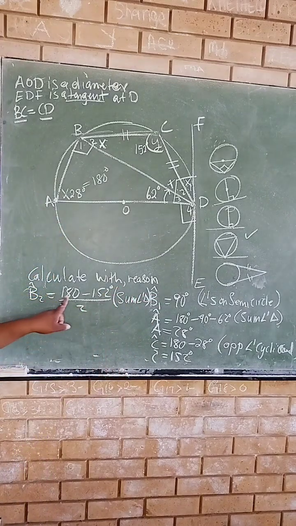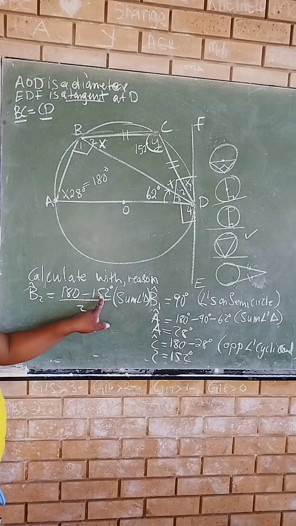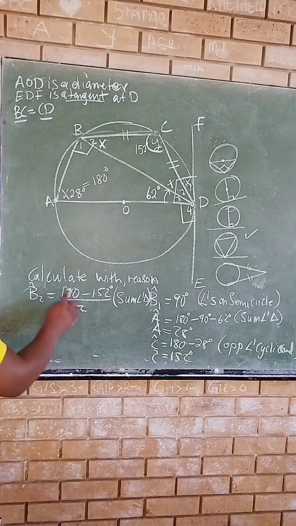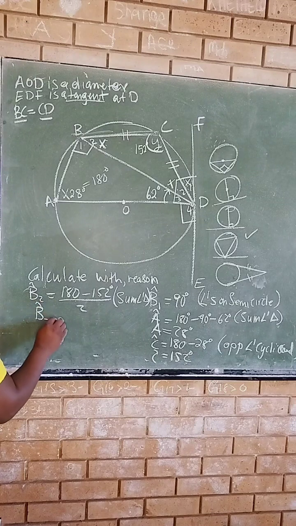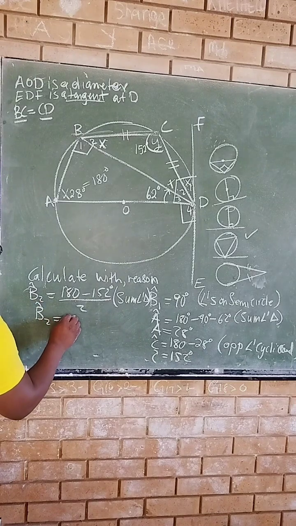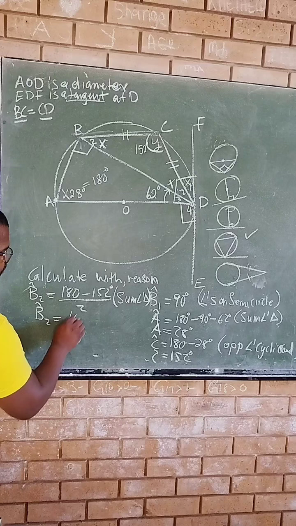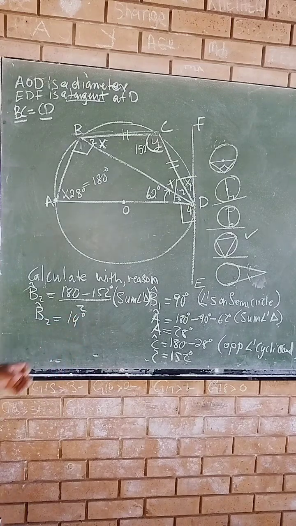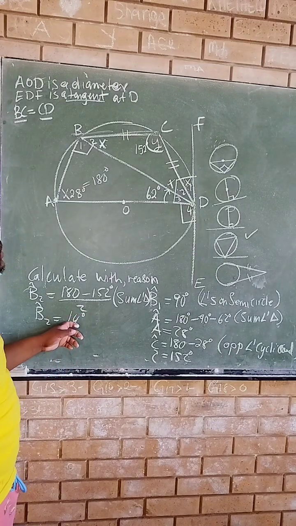Now when I say 180 minus 152, I get 28. So this is 28 divided by 2. So B2 is equal to 14 degrees. So I know now that this is 14 degrees.